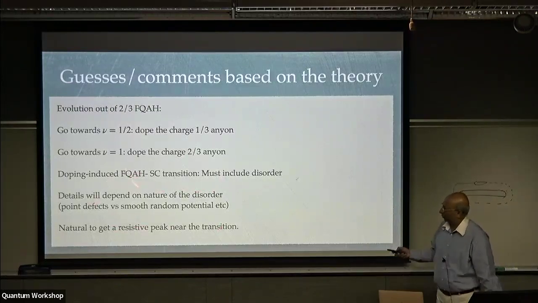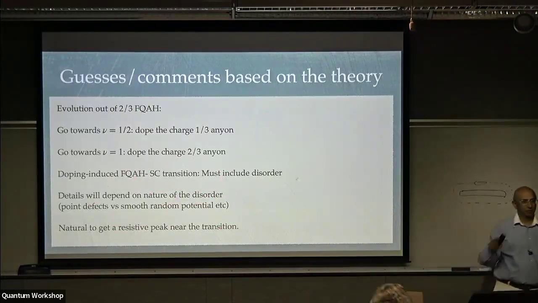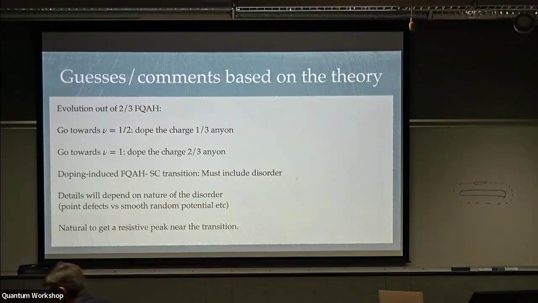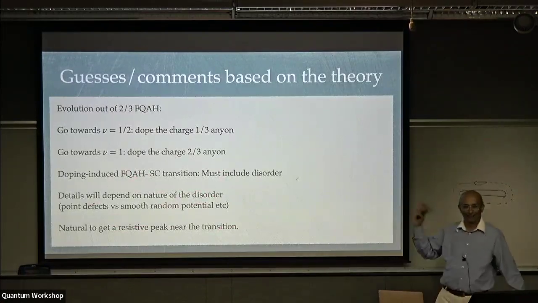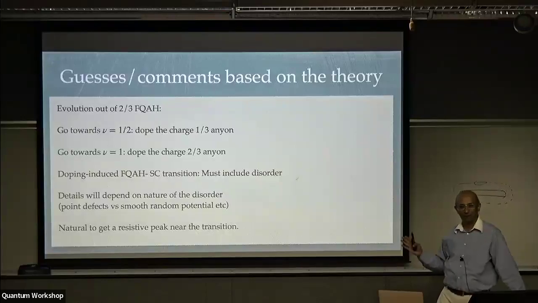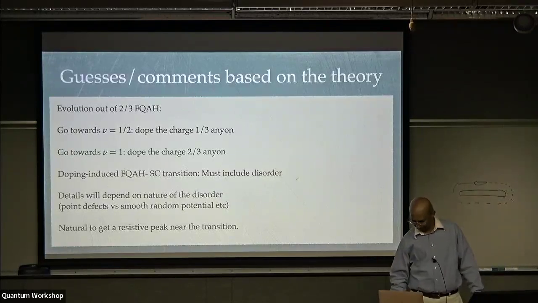And in the theory of this transition with disorder, it's very hard to not get a resistive peak near the transition with a universal resistivity of order h/e². And perhaps that's what's being seen. But it's early days, and real progress has to come from getting better devices and doing more experiments. But I think there's room for this kind of theory to accommodate what's being currently seen in experiments.